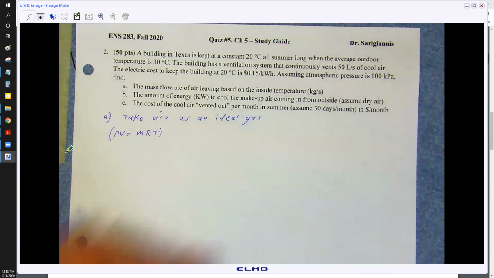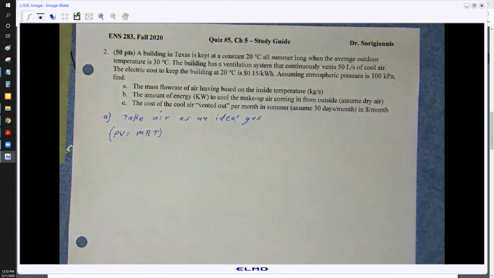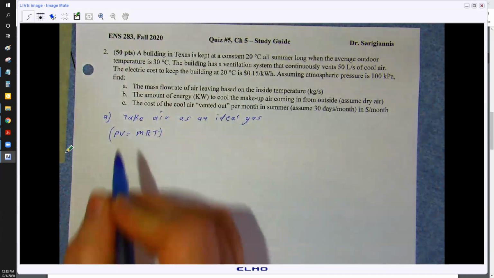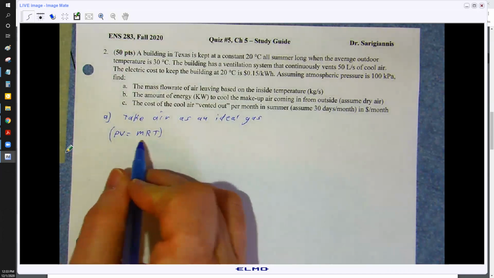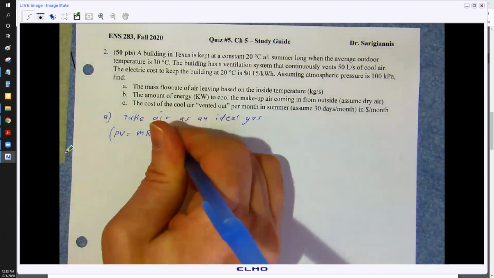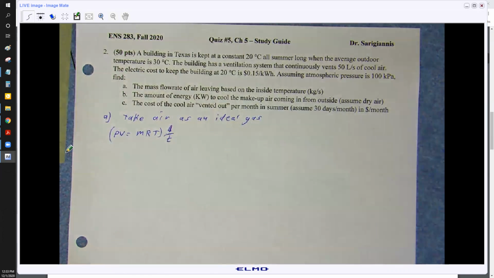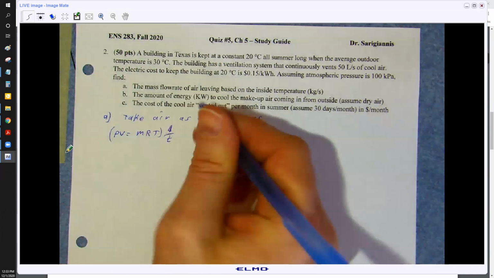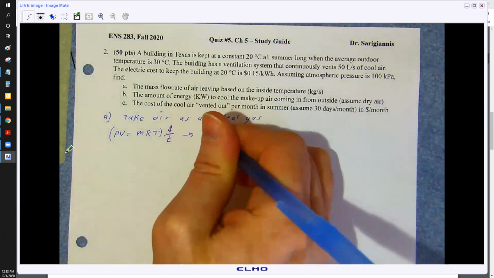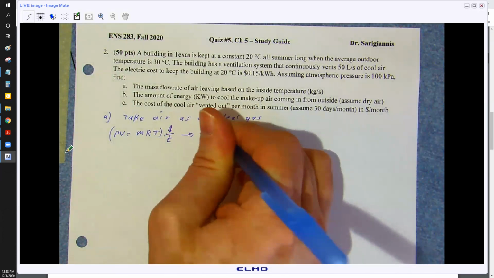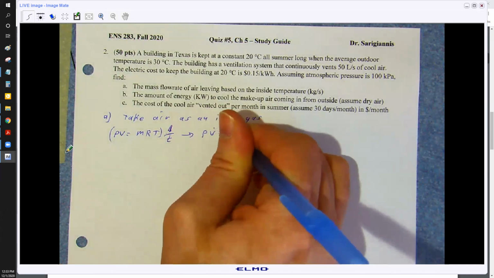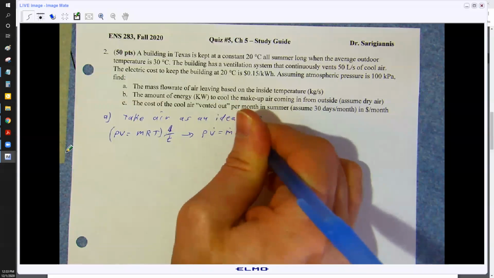Remember, your thermal textbook uses a mass instead of a mole, right? If I take this whole thing and divide by time, I get a rate, right? I get P V dot equals m dot RT.